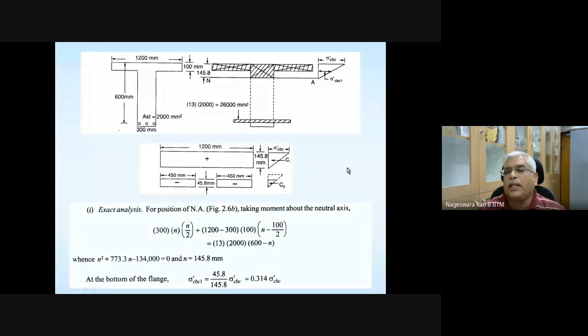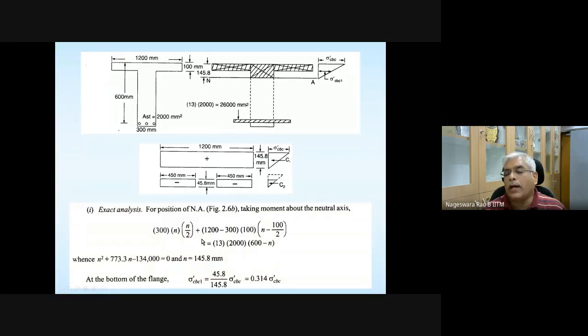With whatever explanation I gave you here, the moment of area in compression is written as 300 multiplied by n divided by 2, 1200 minus 300 as I explained to you, multiplied by 100, n minus, I told 50, instead of that it is written here as n minus 100, divided by 2, and that is equated to the moment of area in tension.